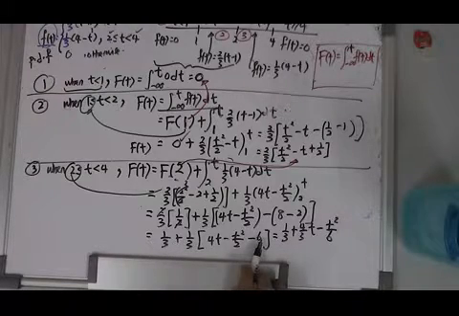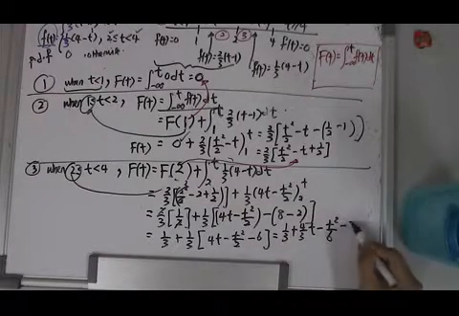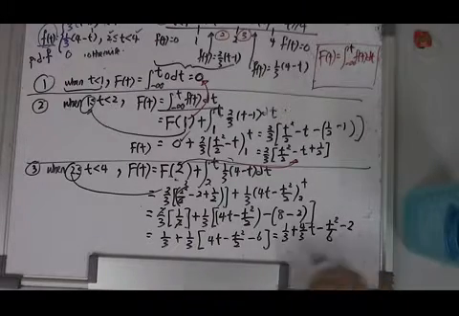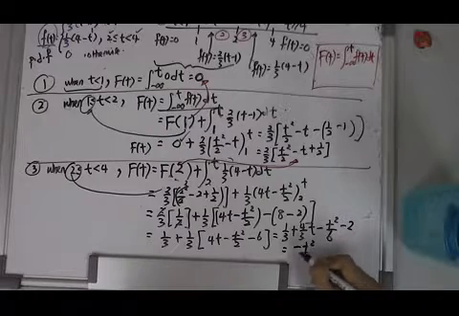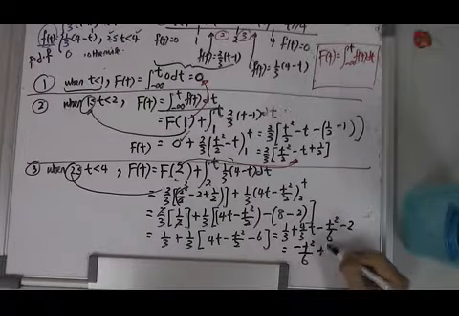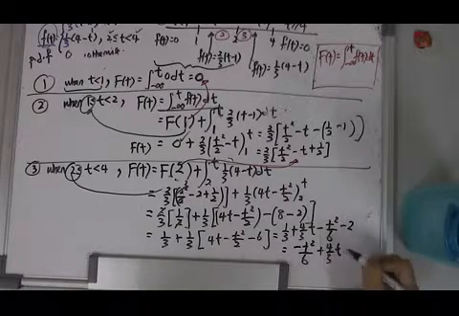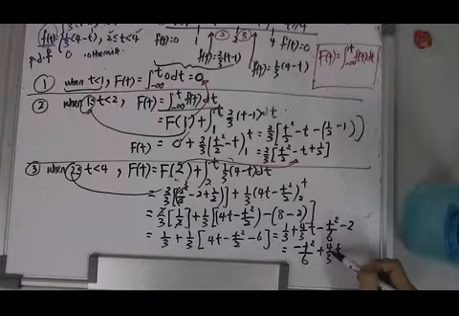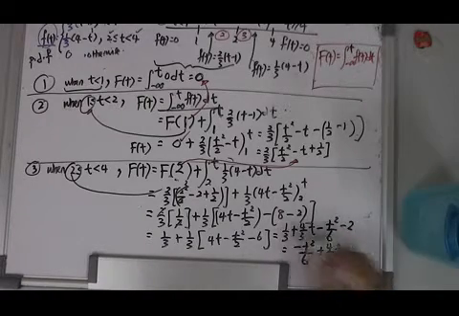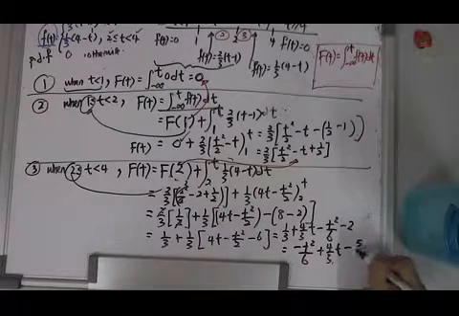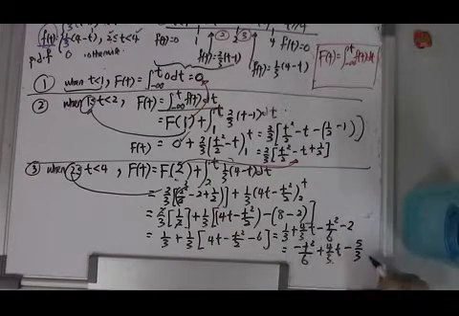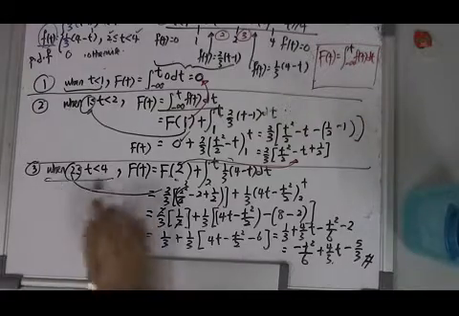Positive 1 over 3, negative 6 divided by 3, which will be negative 2, right? So at last, negative t squared over 6 plus 4 over 3t, and 1 over 3 minus 2, which will give you negative 5 over 3. So this will be the ft for the third interval, right?